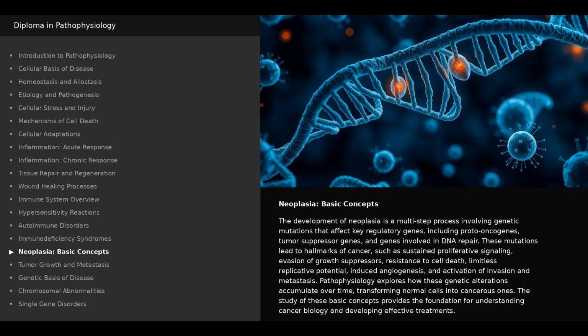Pathophysiology explores how these genetic alterations accumulate over time, transforming normal cells into cancerous ones. The study of these basic concepts provides the foundation for understanding cancer biology and developing effective treatments.